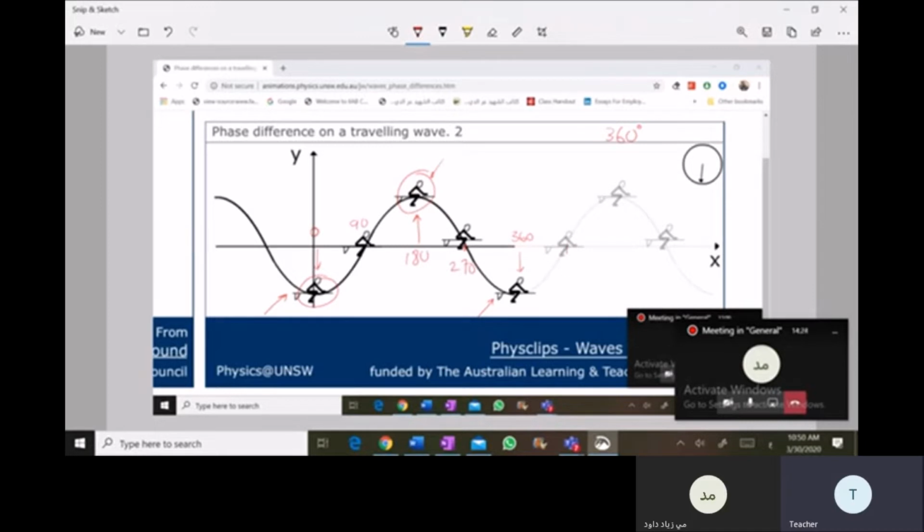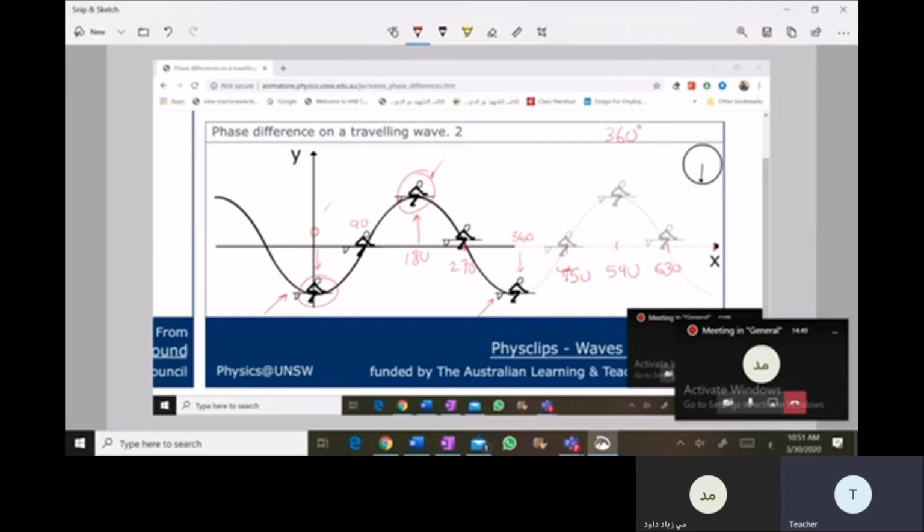If we add 90, it becomes 450, right? Here 540. Here add 90, 630. Here, and so on.